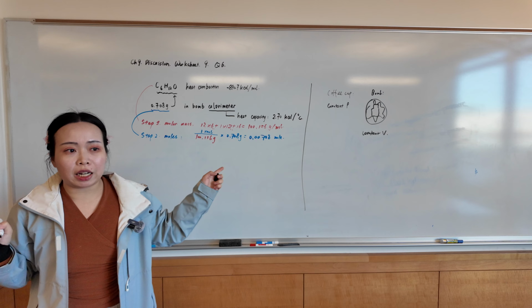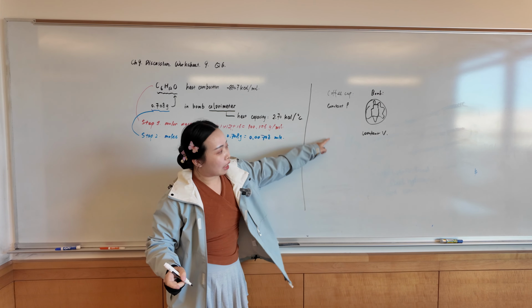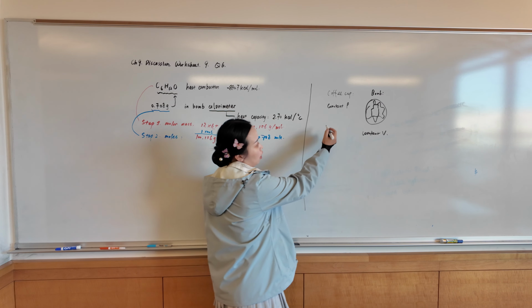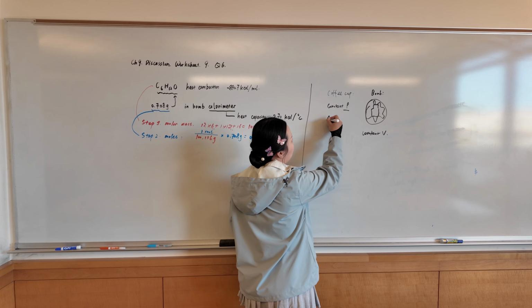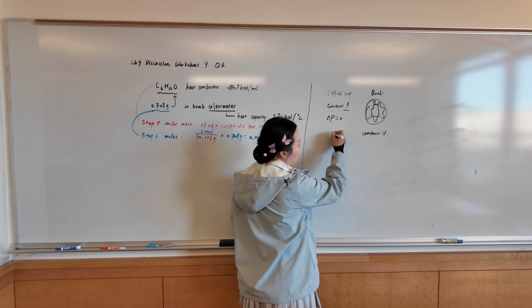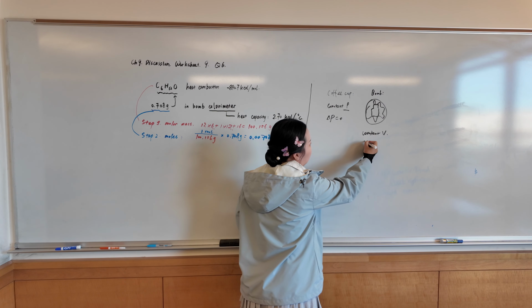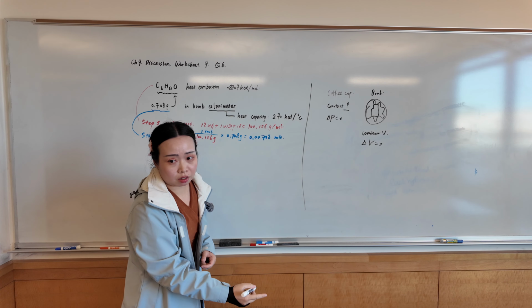That was in one of my lecture notes, and that's how we derive delta H. For the coffee cup, your pressure is constant, which means delta P is 0, and there are different derivations from that. For the bomb calorimeter, delta V is 0, so there is a different scenario.